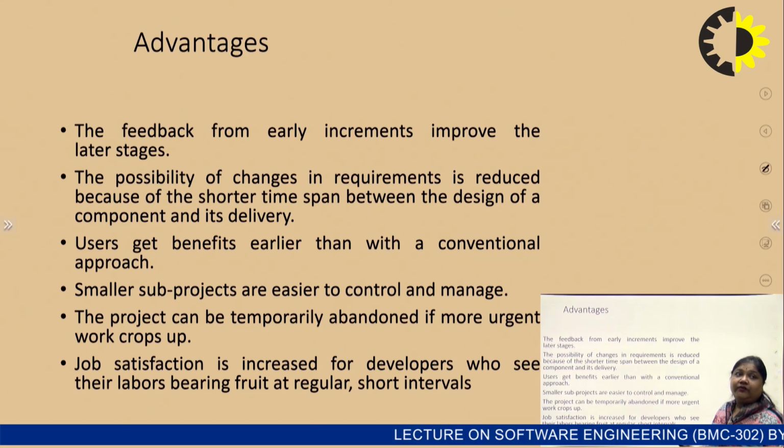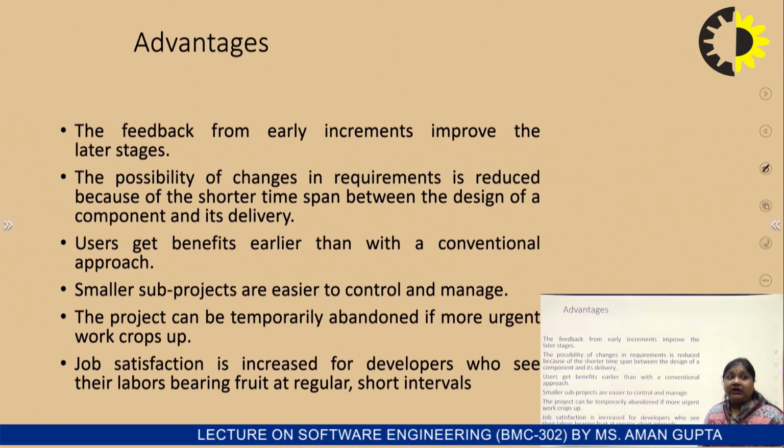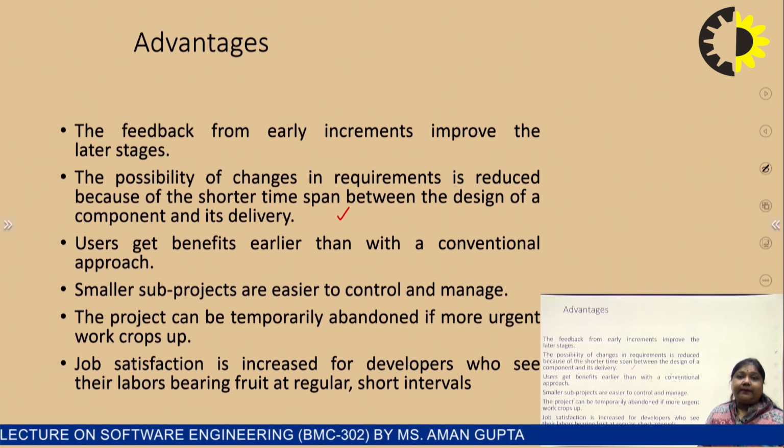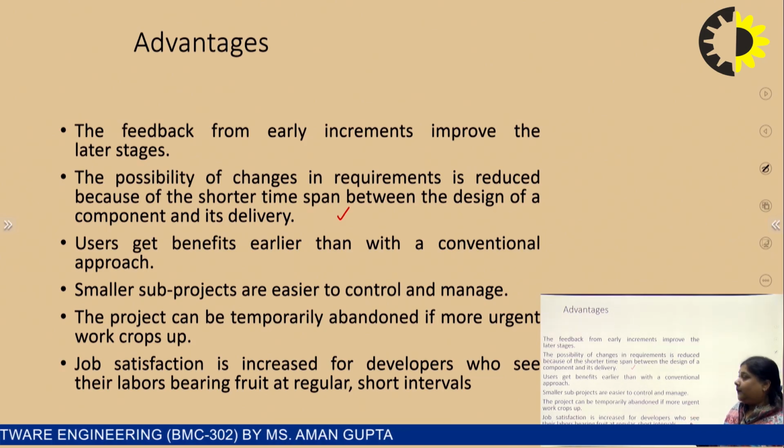Now, the feedback from early increments improves the later stages, and the possibility of changes in requirements is reduced because a shorter time is spent between design of a component and its delivery. So, the user can have benefit earlier than with a conventional approach.